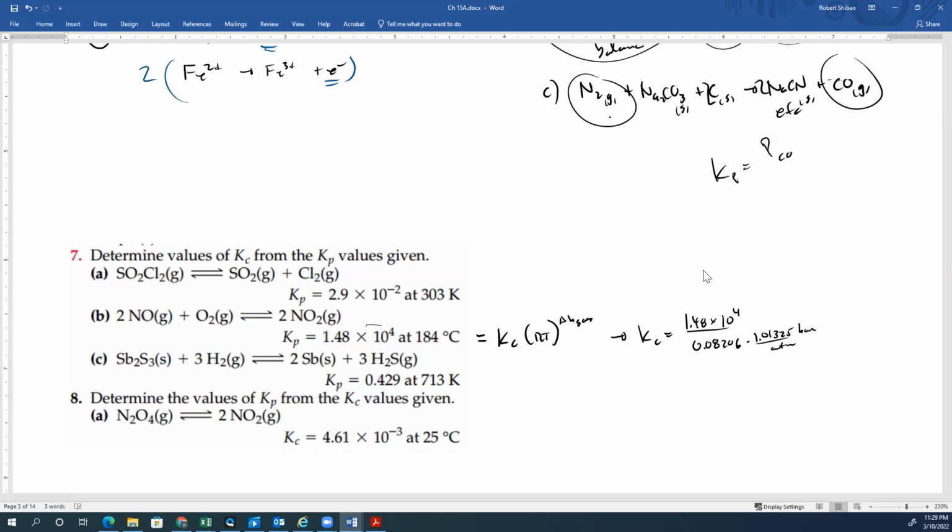And then T is 184 degrees C plus 273, which would be 357 Kelvin. The Kelvin cancels out. Atmospheres, well, actually, what would the units be here? This is liters atmosphere per mole Kelvin. So the atmospheres cancel.